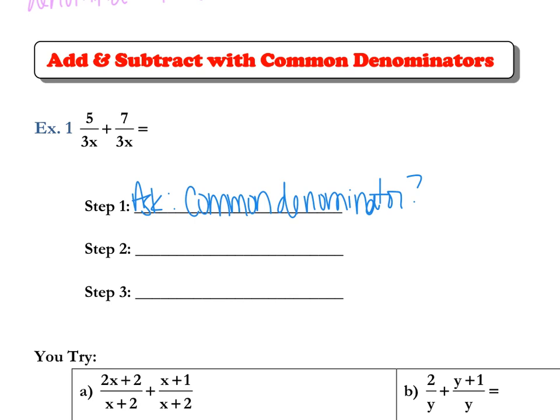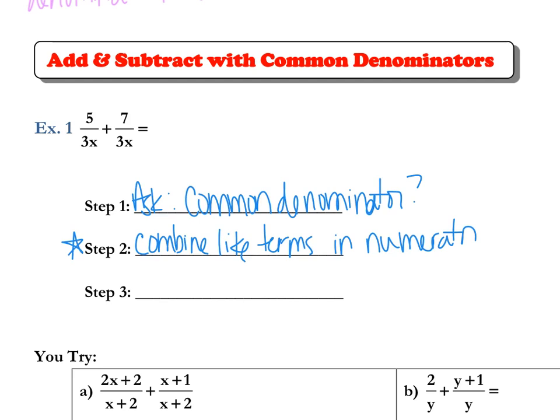So step 2 is going to be to basically combine like terms in the numerator. So you're going to simplify the numerator. Okay. And notice that I said step 2 comes before step 3.